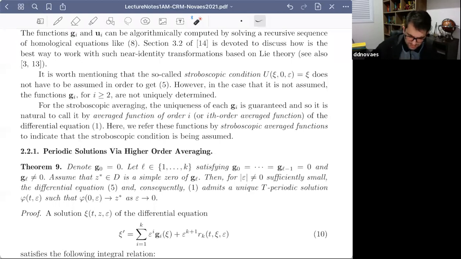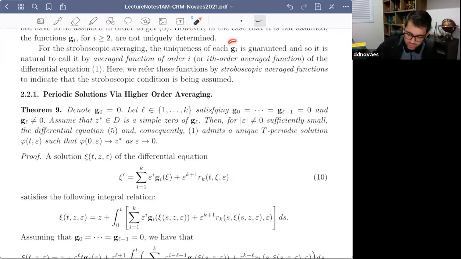So assuming that I know now these functions, because I know that these functions exist, how can I then use them to study periodic solutions of the difference equation 1? Okay, so these theorems, which are very analogous to the previous ones, also hold for higher order averaged functions.